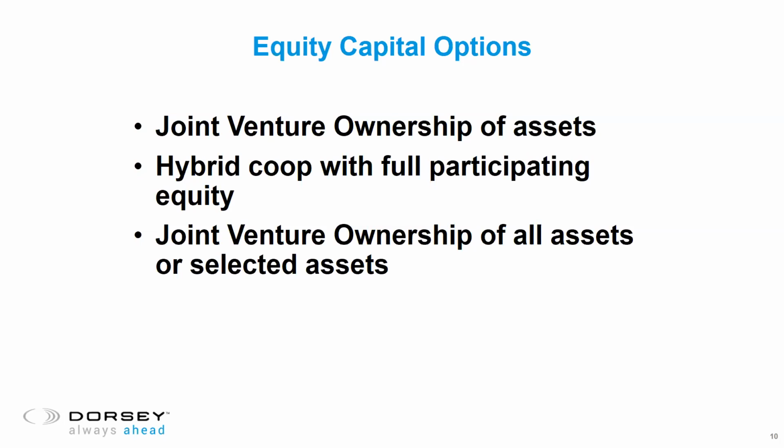And there were dozens of plants built with primarily farmer equity or significant amounts of farmer equity. At the beginning, they started with a pure co-op, and the only people who could own an equity share was a farmer who was delivering corn or soybeans.